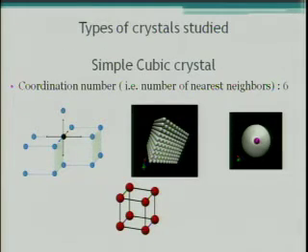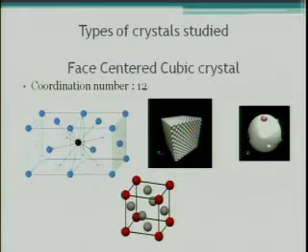The types of crystals I studied were simple cubic, which has a coordination number of 6, basically 6 closest neighbors, and face-centered cubic, which has a coordination number of 12.